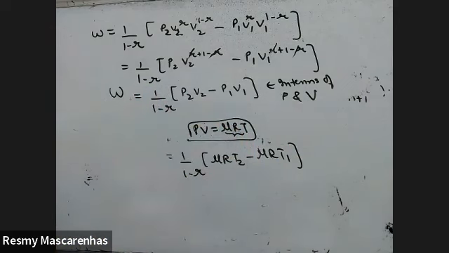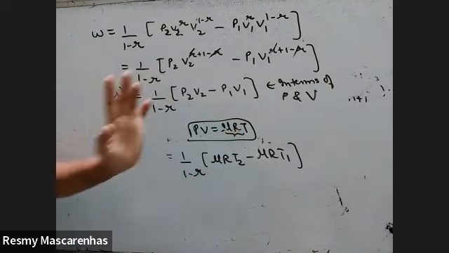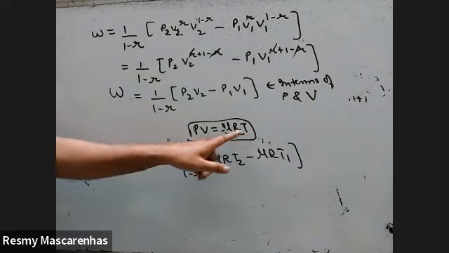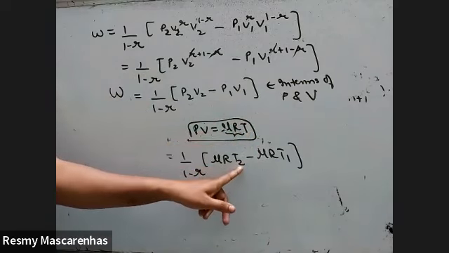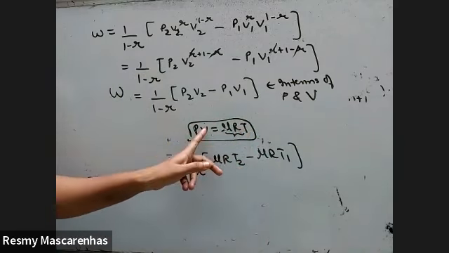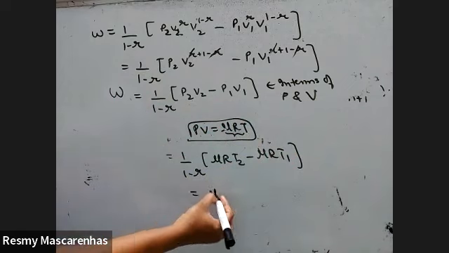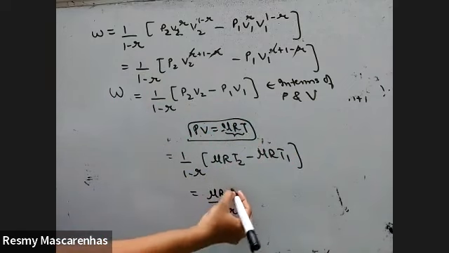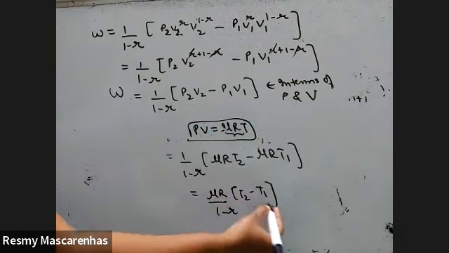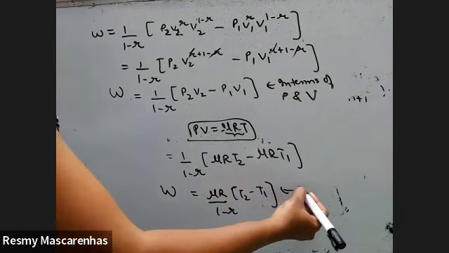Number of moles also, you will obviously take the same gas, so moles will not change and gas constant also will not change. Only P1 V1 will become T1, and P2 V2 will become T2. Again, mu R you can take out. So this is the work done in terms of temperature.